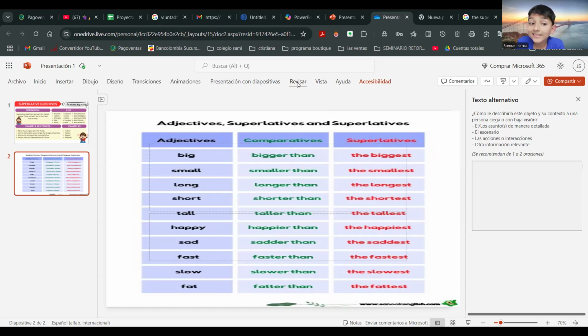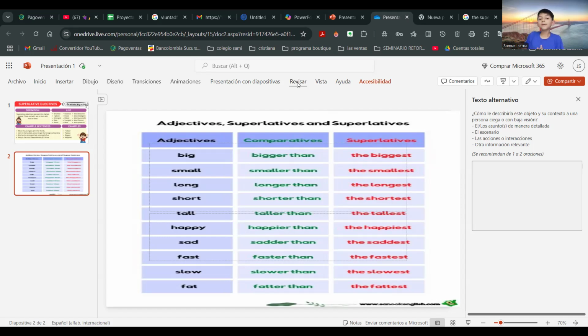In the comparative it is "bigger than", but in the superlative it is "the biggest". For example, his smartphone is the biggest.